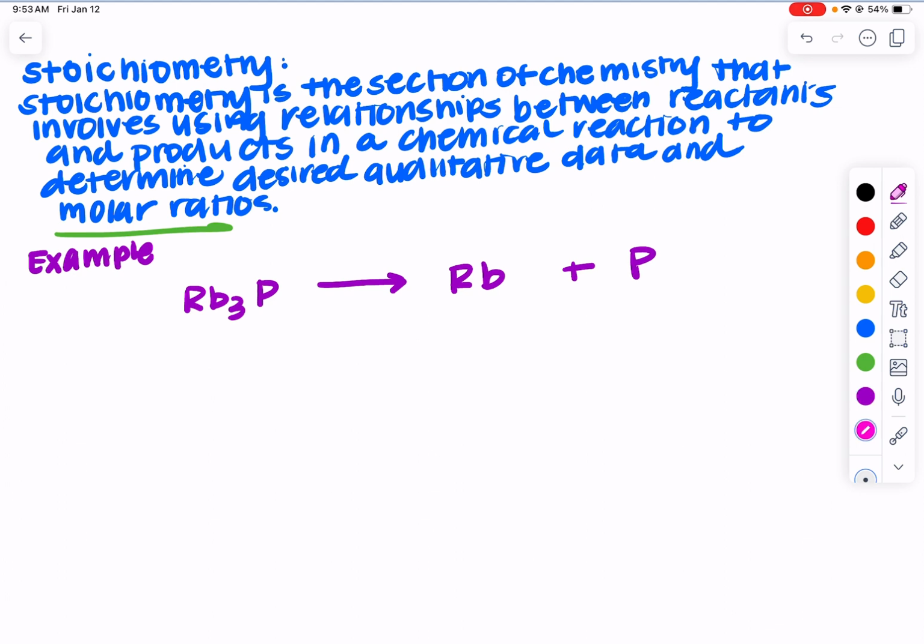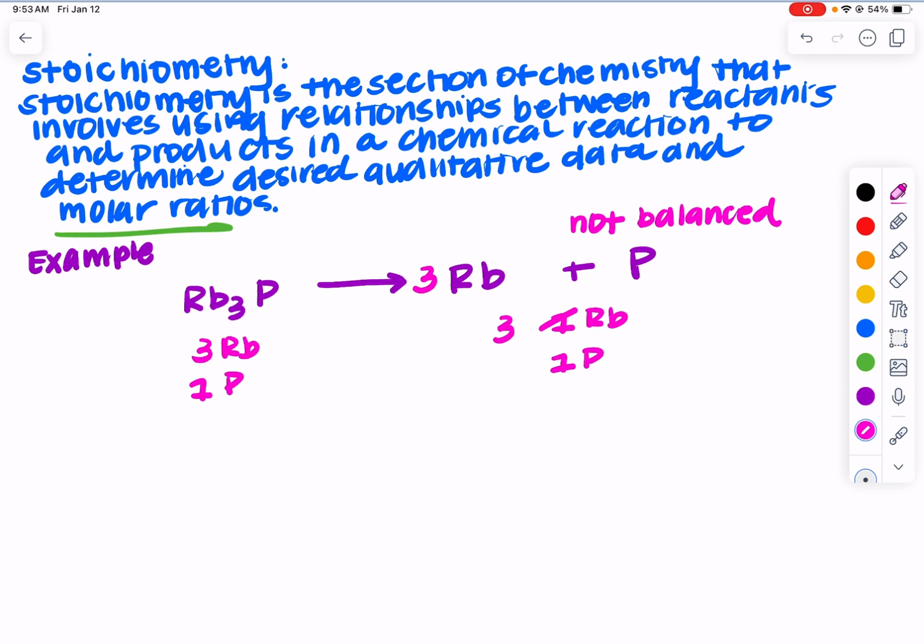This equation is not balanced because we have 3 rubidiums on this side and 1 phosphorus. We only have 1 rubidium and 1 phosphorus here. So in order to balance it, we need a 3 here, okay? So now we're balanced.